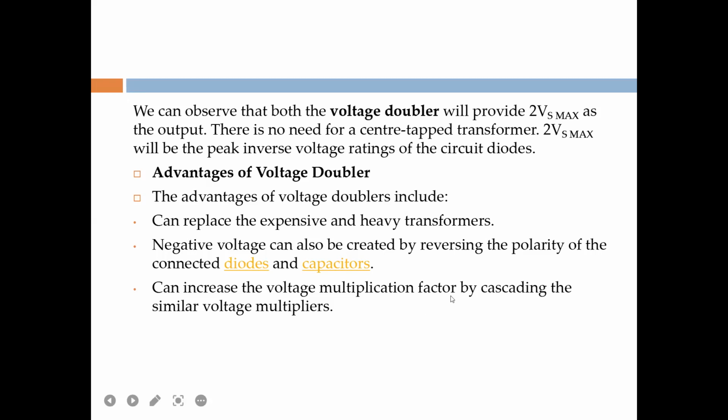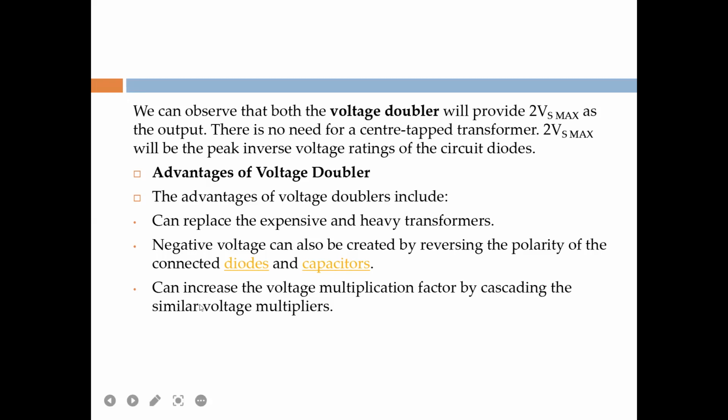Negative voltage can also be created by reversing the polarity of the connected diodes and the capacitor. Sometimes negative voltage will be required, and at this time, by reversing the polarity of the diodes and the capacitor, negative voltage can also be obtained in the voltage doubler circuit. This is not possible in the case of a transformer.